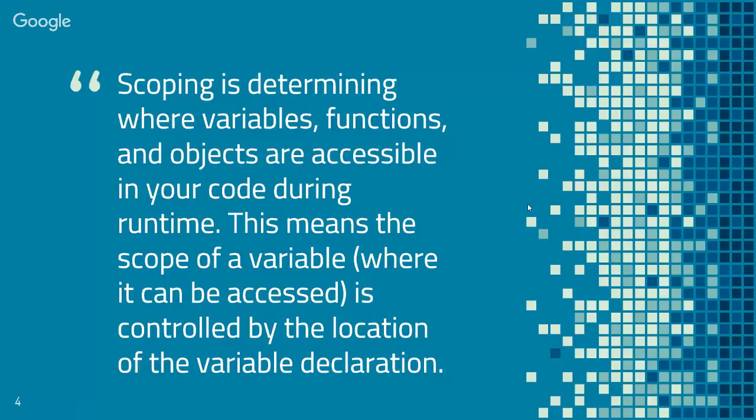Here we see that scoping dictates where we can access a variable. So we see that the scope of a variable is controlled by the location of the variable declaration. A variable declaration means where we have defined the variable, so where we have put the var or the let or the const declaration first.